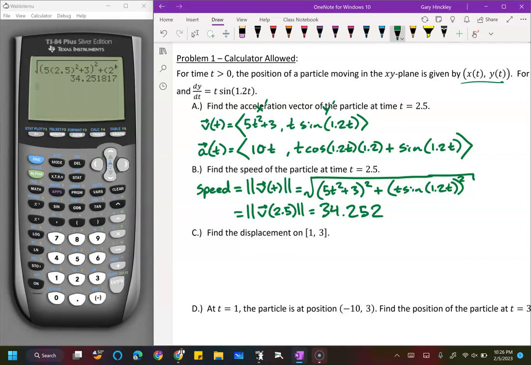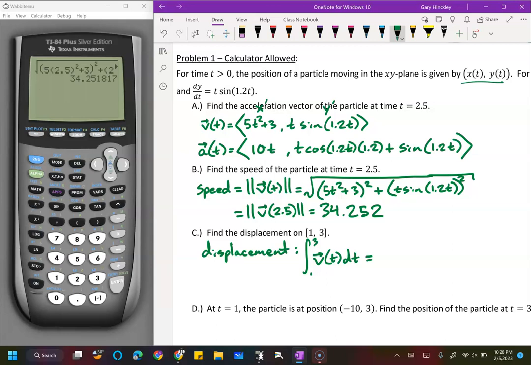All right, so now we need to go ahead and find our displacement. So our displacement is just from 1 to 3, right? And so then that would be the integral from 1 to 3 of our velocity vector. Remember, not the absolute value here, because we're not doing the total distance, which, remember, total distance would be the arc length, but just that.